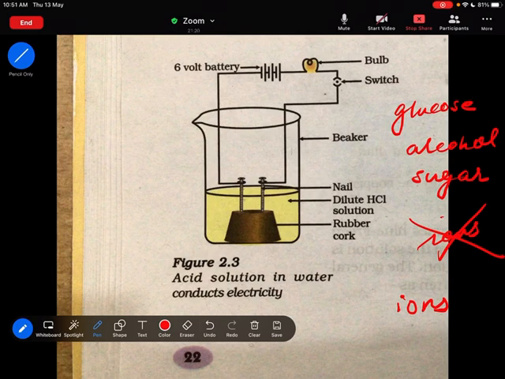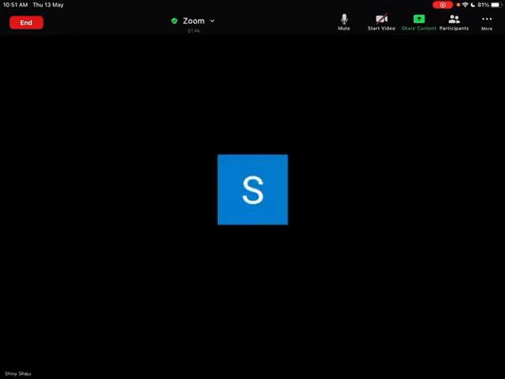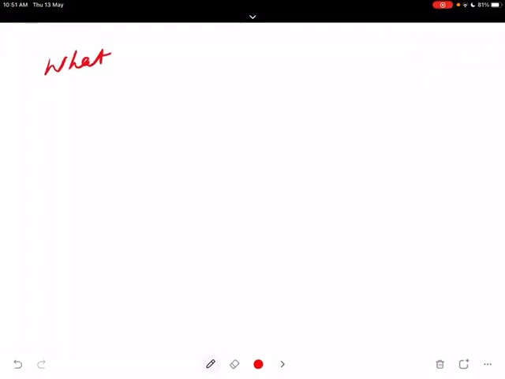Now, next topic is what happens to an acid or a base in a water solution. First, let's see what happens to an acid.